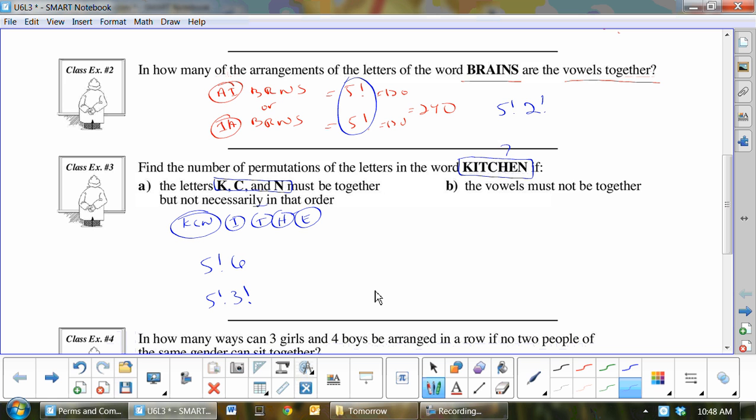So wait, how did you get the 5 factorial to 6 again? Well, KCN, see this how AI, we knew it could be done 2 ways. This we would have to do 6 ways, right? KNC, right? And then we'd have to do, so we know that from doing those 3 letters in the last 2 examples, or last 2 days, right? So I've come up with, and it always works, take the number of groups and multiply it by the number of ways I can do this within the group.